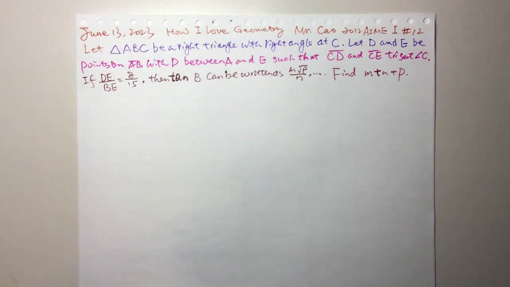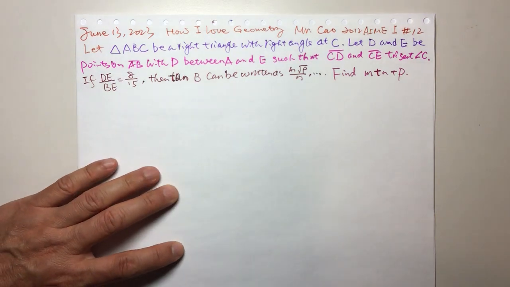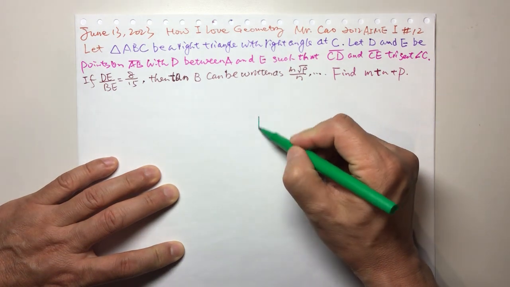2012 AIME 1, problem number 12. Triangle ABC is a right triangle with right angle at C. Let's draw a scratch diagram.